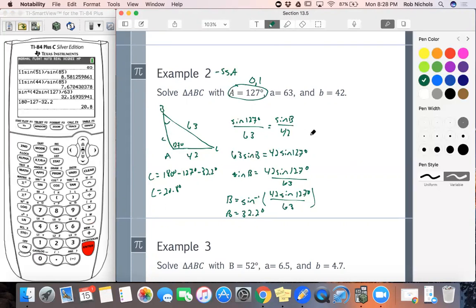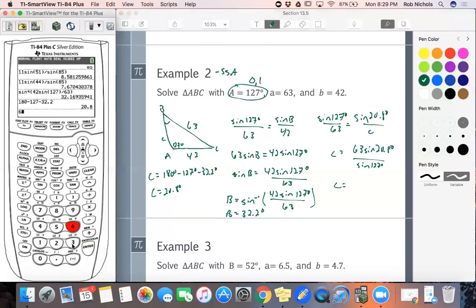And that means now I can solve for side C. So I have the sine of 127 degrees over 63 equals the sine of 20.8 degrees over side C, which is what I'm solving. So C equals 63 times the sine of 20.8 degrees over the sine of 127 degrees. Let's check it out: 63 times the sine of 20.8 divided by the sine of 127, and I get 28.0.